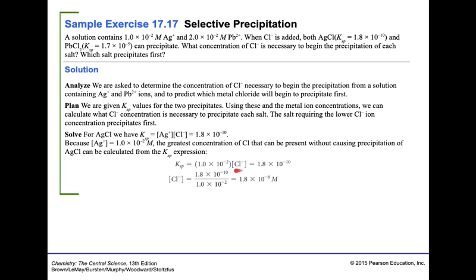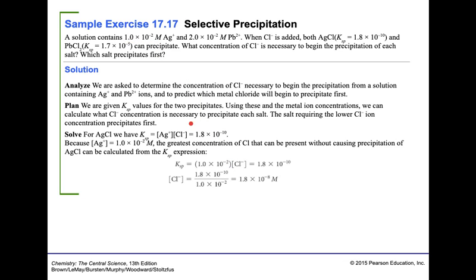Okay, so what do we mean by that? Well, let's start here with the first KSP of silver chloride. If I set my KSP expression up, I've got KSP equals concentration of silver times concentration of chloride, and they already plugged in the value for the concentration of silver. It's right here, right?